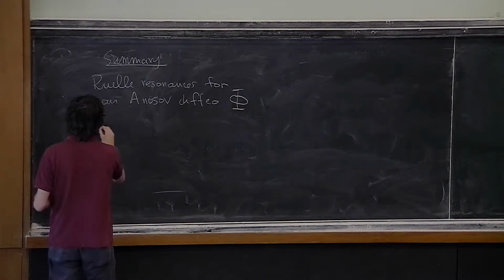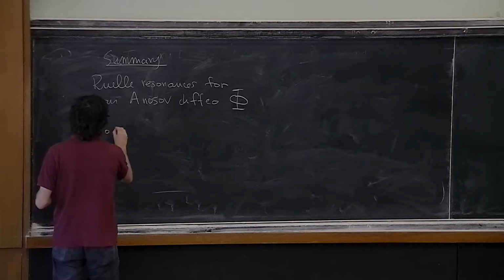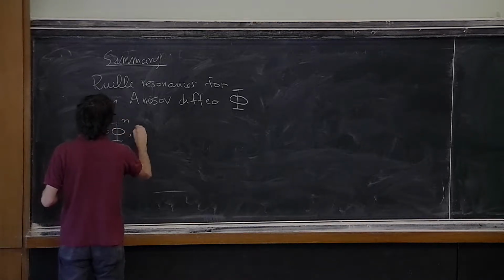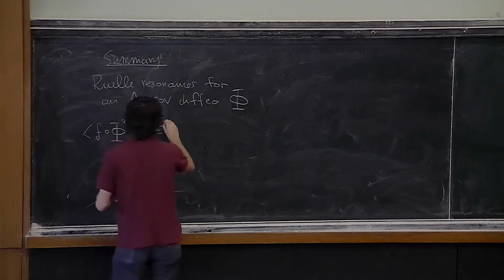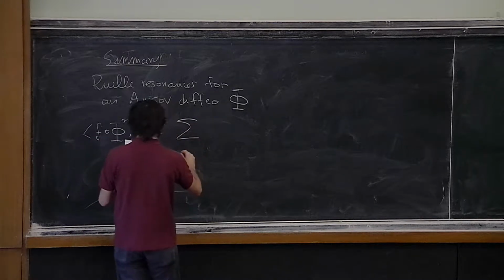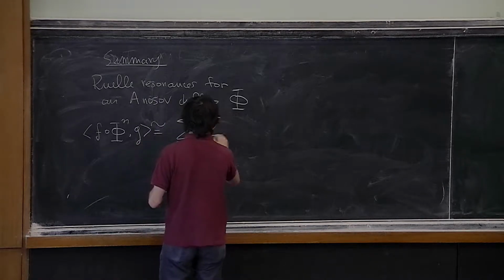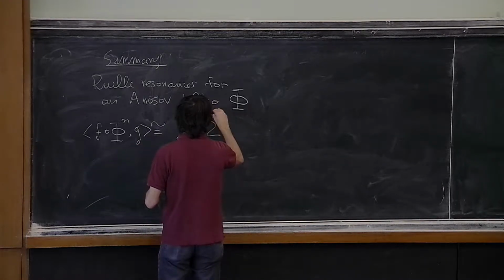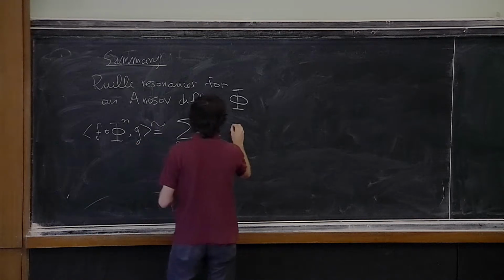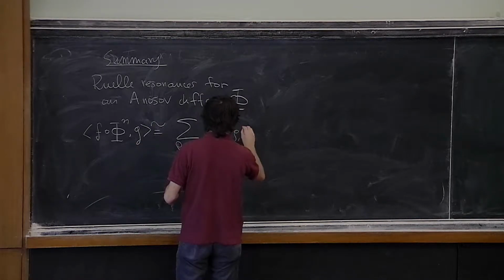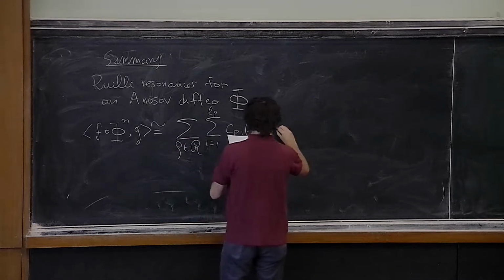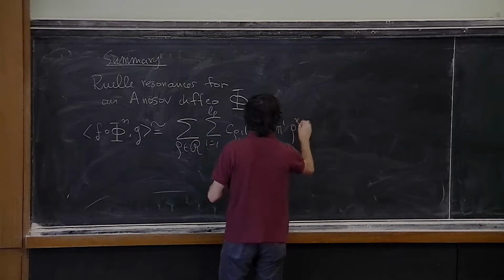So if we look at correlations, f composed with phi^n, g, there should be an asymptotic expansion. Let me copy it like this. Here there is some multiplicity, I call it L_rho in my notes. So there's some C_rho_i(f,g) and some n_i and some rho^n.